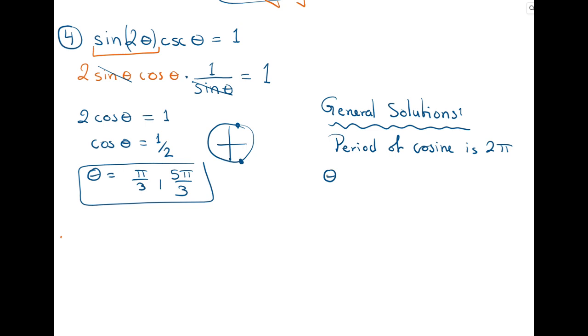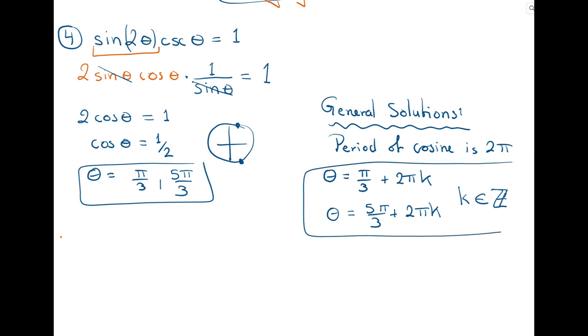And so theta will be equal to pi over 3 plus 2 pi k, and theta is equal to 5 pi over 3 plus 2 pi k, and we're going to say that k is an element of the set of all the integers, okay? And by now you should be all comfortable doing those general solutions.